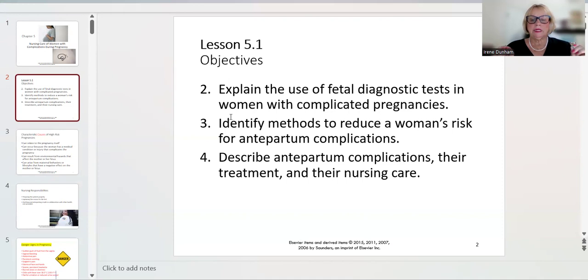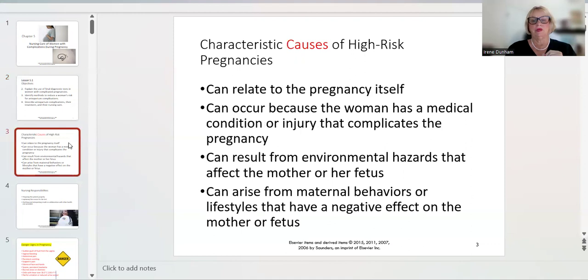Remember, nurses, you're going to be a nurse. Nurses always critically think ahead. I'm always thinking, what are my risk factors and how can I keep her from getting into the high risk? I want to prevent her, guys, from getting sick. I really do. And then we're going to describe antepartum complications, their treatment and nursing care.